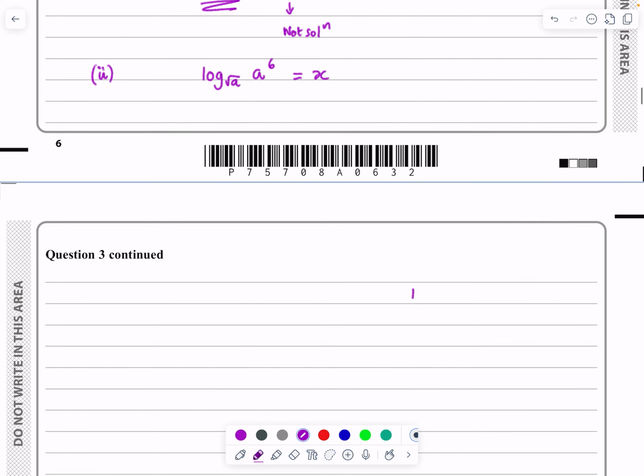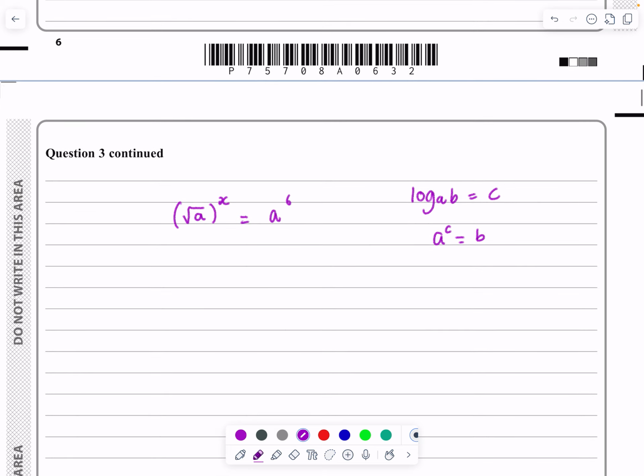I'll remind you again, if we have log a b equals c, I can make a my base, c is a power, so I can end up with that statement there. I'm going to do that with this one. So the base stays as the base, a logarithm is a power, so that means x will be the power there, is equal to what's left, a to the 6.